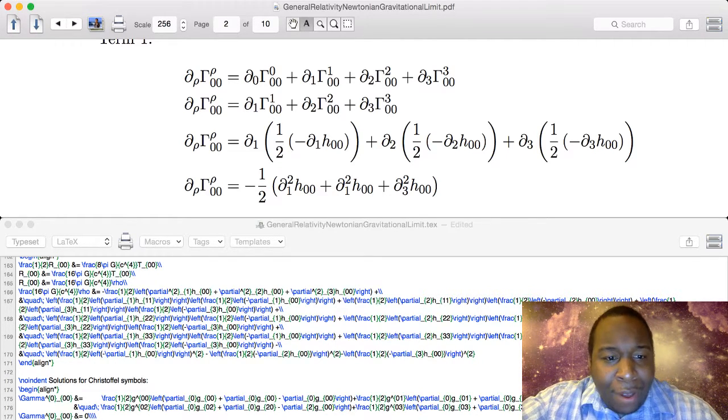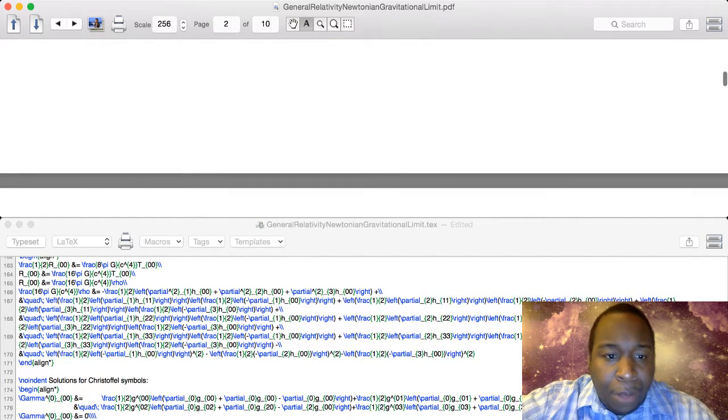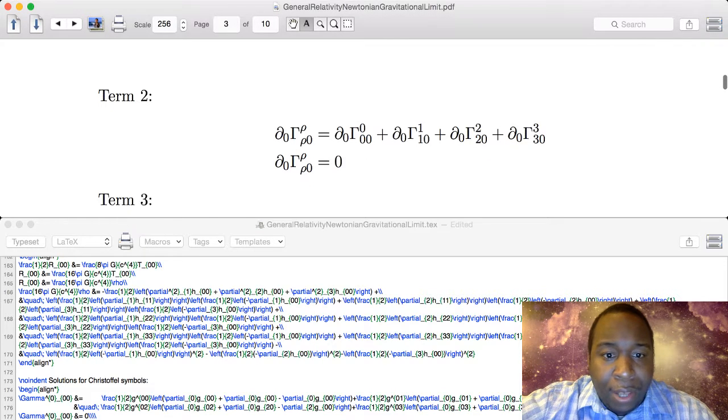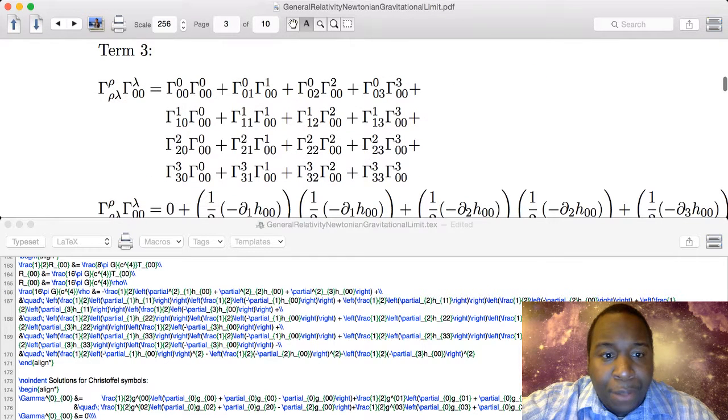Because as far as I can tell, this is the only term that's going to end up giving me a second order partial differential equation. The other term that could give me that is equal to 0. And these terms are just simply the product between two first order partial differential equations.